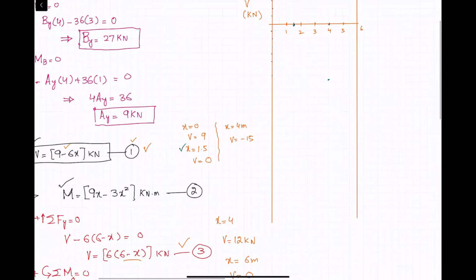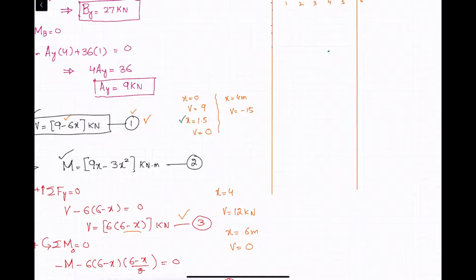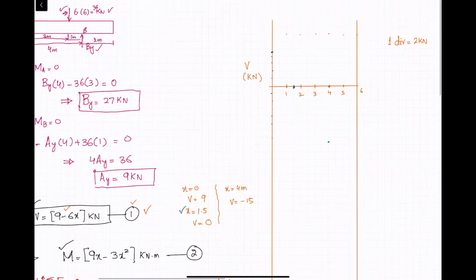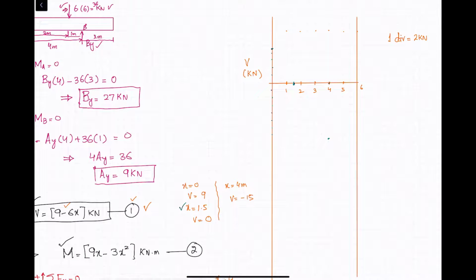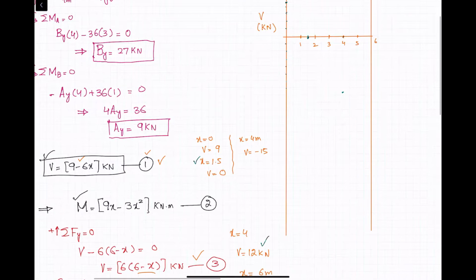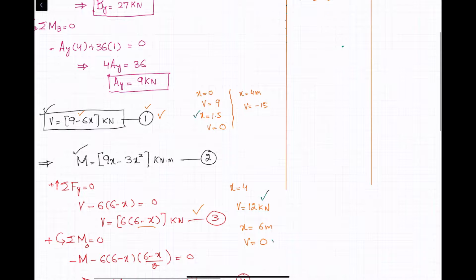And again at x equal to 4 meter, you can see the shear force is 12. So we go 2, 4, 6, 8, 10, 12. So this will be 12. And at x equal to 6, we have V equal to 0.